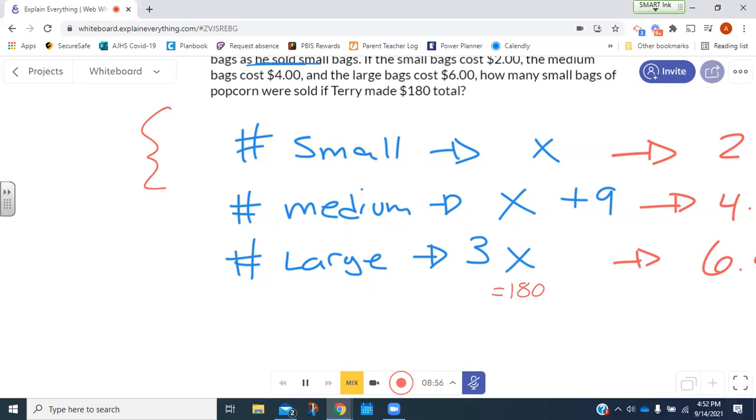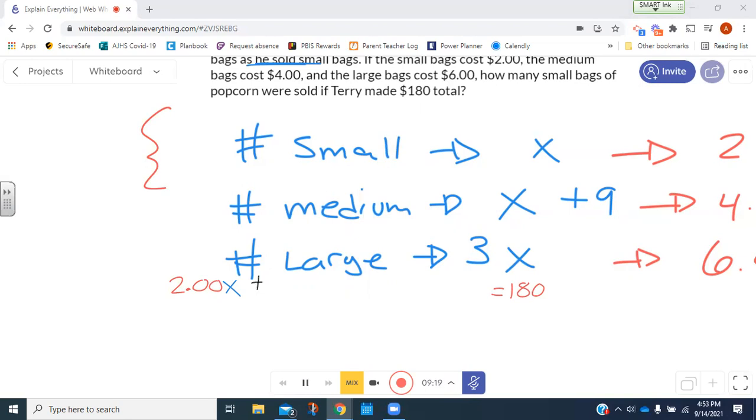Okay, we know that the number of small bags was x, and that each small bag cost $2. Right, so our total cost for all the small bags is the $2 times however many were sold. Okay, well, we can do the same with our next one.